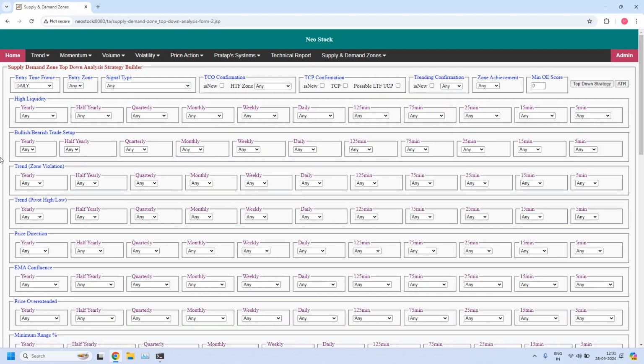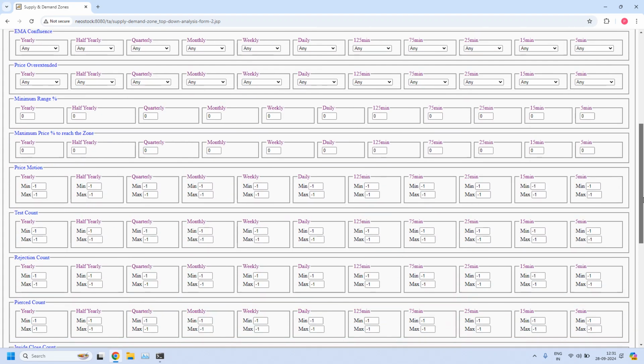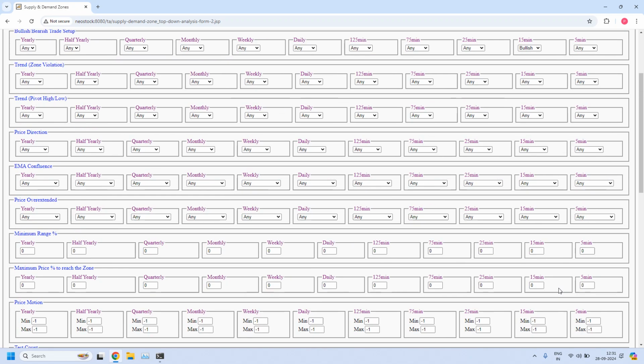Next report is about bullish trade setup for daily income trade. Entry time frame should be 15 minutes in daily income trade. Entry zone should be demand zone for bullish trade setup. And also in bullish or bearish trade setup at 15 minutes time frame, I am selecting bullish. This 15 minutes demand zone should not be pierced. So in the pierced count at 15 minutes time frame, I am setting minimum value 0, maximum value 0.